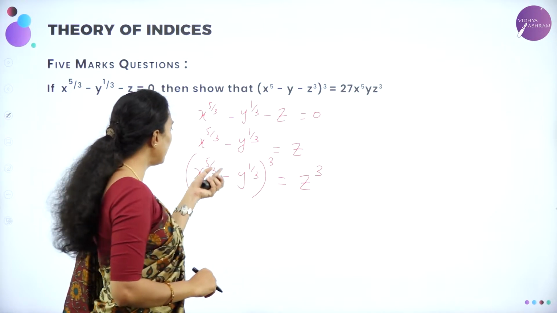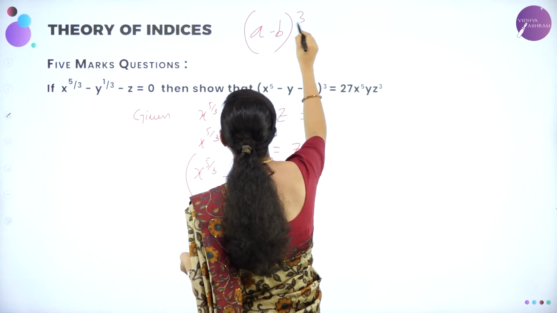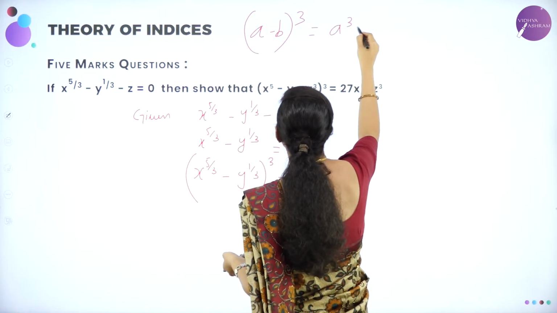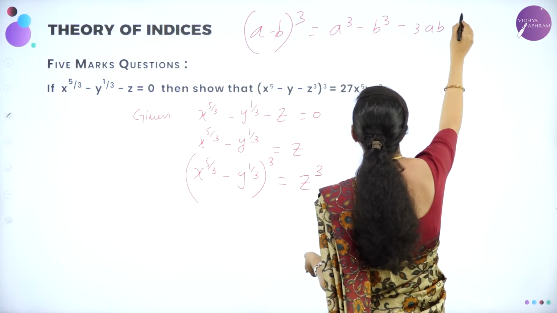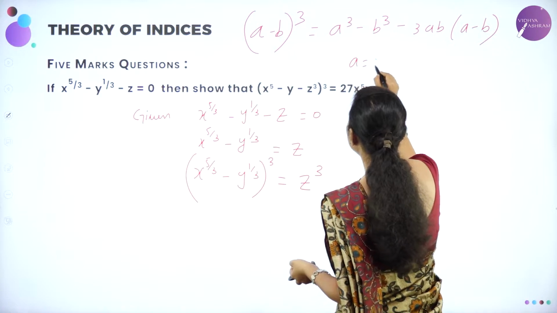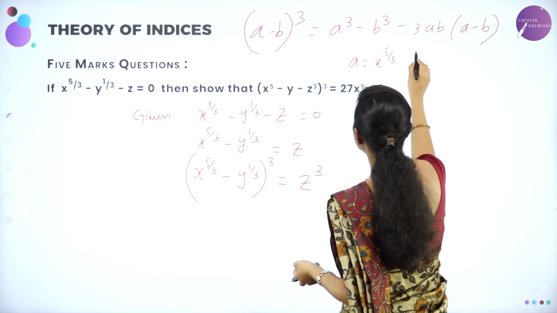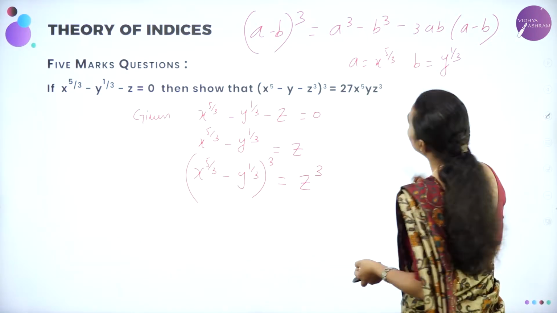Now what is the a minus b whole cube formula? a minus b, all in minus only, that is a cube minus b cube minus 3ab into a minus b. Here a replaces x to the power of 5 by 3, b replaces y to the power of 1 by 3, right?